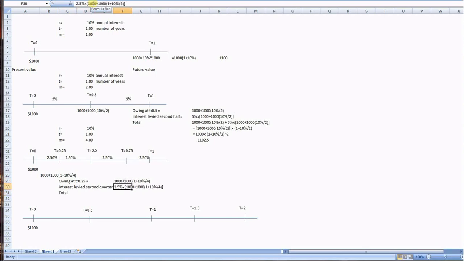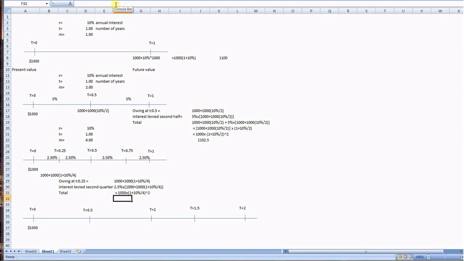I think I will cut through all the calculations and then just show you the results. The results will be simply $1,000 into 1 plus 10% divided by 4 to the power of 2.